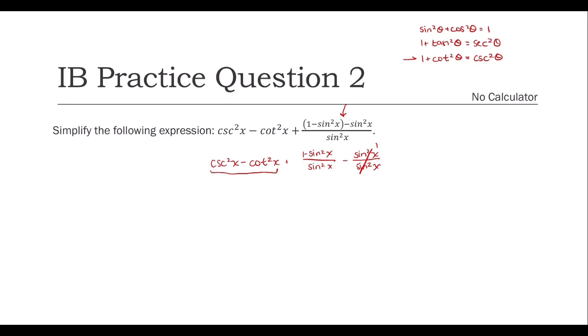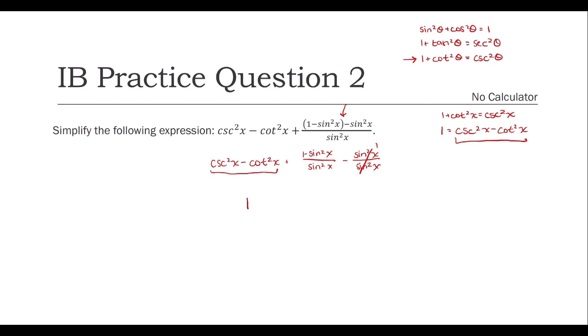So let's see if we can manipulate this form to match that. So 1 plus cotangent squared x equals cosecant squared x. And we want our cotangent and cosecant on the same side, so we'll subtract cotangent. So 1 equals cosecant squared x minus cotangent squared x. So this here is our cosecant squared x minus cotangent squared x. So that's just going to equal 1.